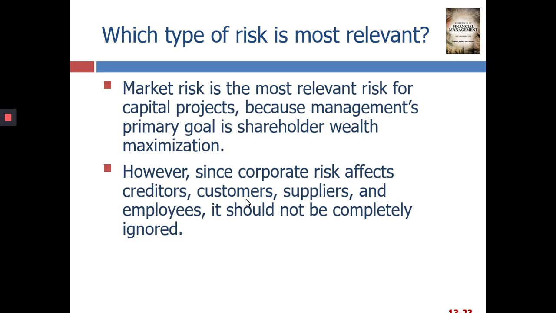Corporate risk means we are talking about the company's point of view. The company has creditors, customers, and suppliers, so you cannot totally ignore the risk arising from a company. Market risk is the overall market.